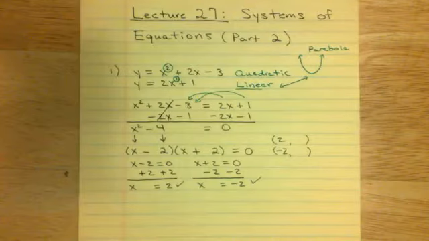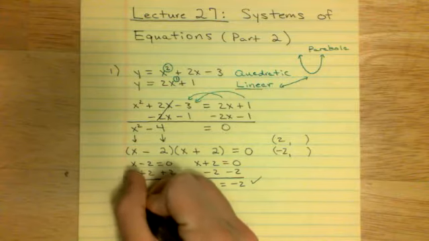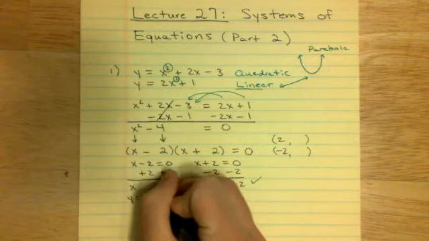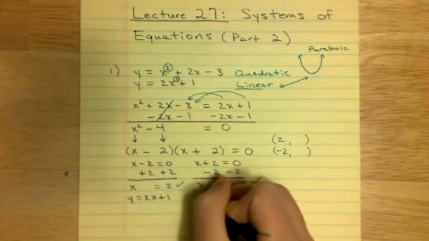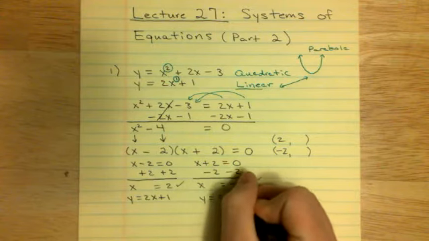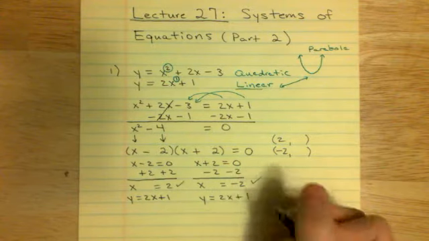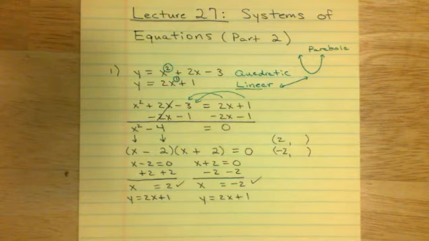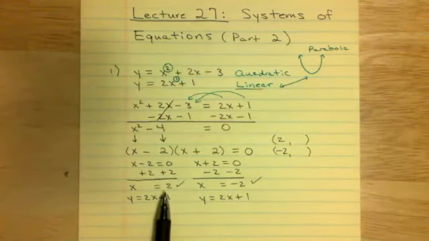The bottom equation is y equals 2x plus 1. So I'm going to write that out here and here, so I know what I'm plugging back into. I'm plugging back in for x because I already know what x is.